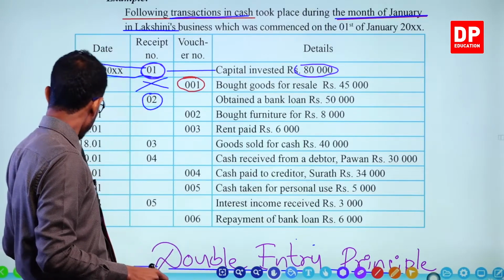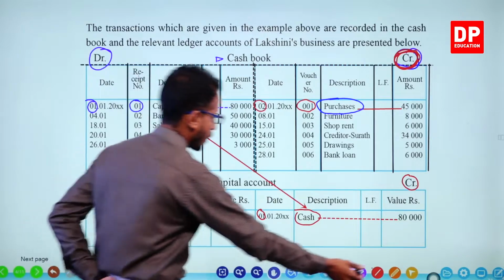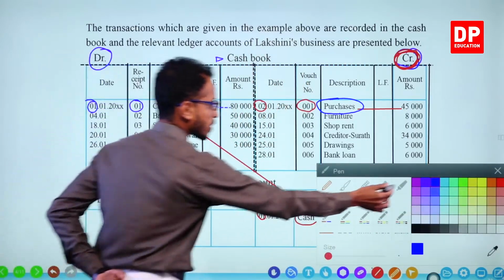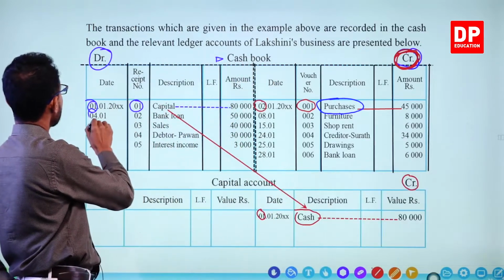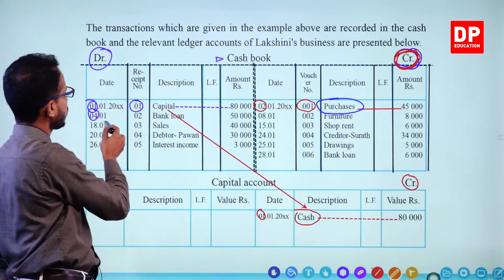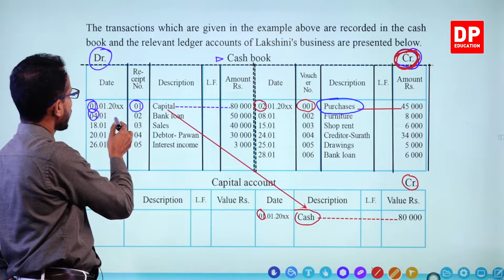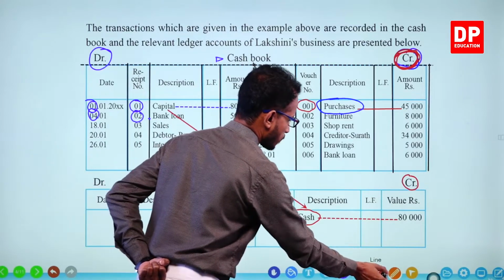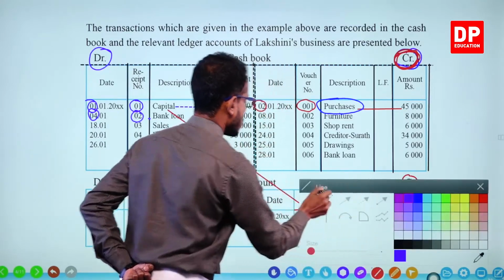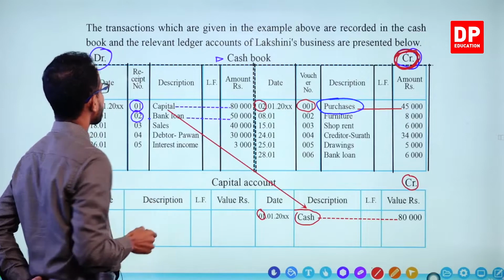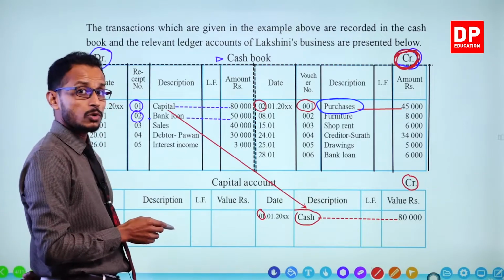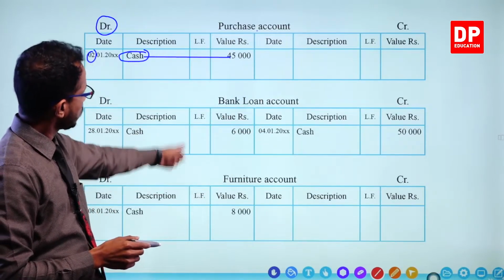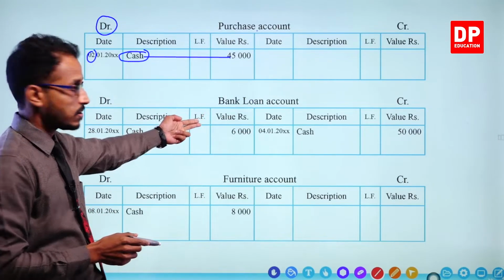Of course. Cash debit here, cash book debit, description bank loan, $50,000, and there should be a bank loan account. Let's see. Bank loan, oh, it's there.